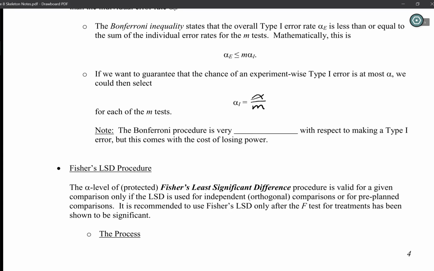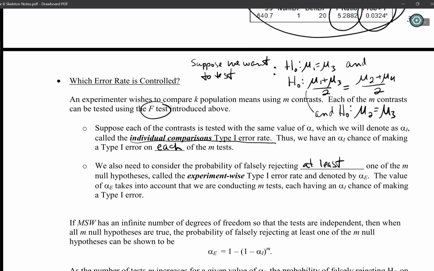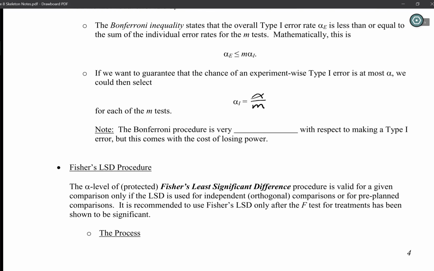Okay, so I'm sorry, at most alpha. So for example, if we have 3 tests like we do here above, and we want an overall error rate of 0.05, we could take 0.05, divide that by 3, and do each individual test at 0.05 divided by 3, which is 0.016 repeating.